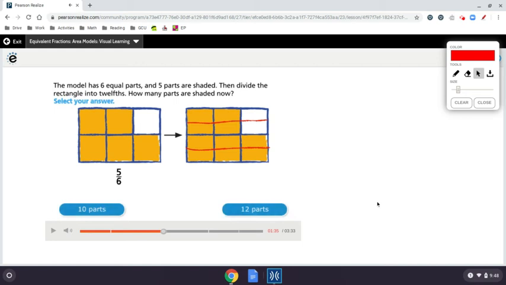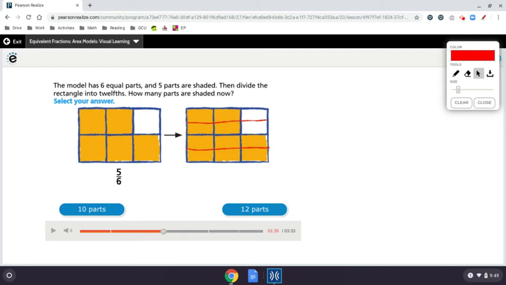Select your answer. So I just want to point out that basically what they did is they took this same exact rectangle and they copied it, and then they broke it up into even smaller pieces. The size of the whole did not change. The amount that's shaded in did not change. The only thing that changed was the size of the pieces that make up the whole, because we split it into more pieces.